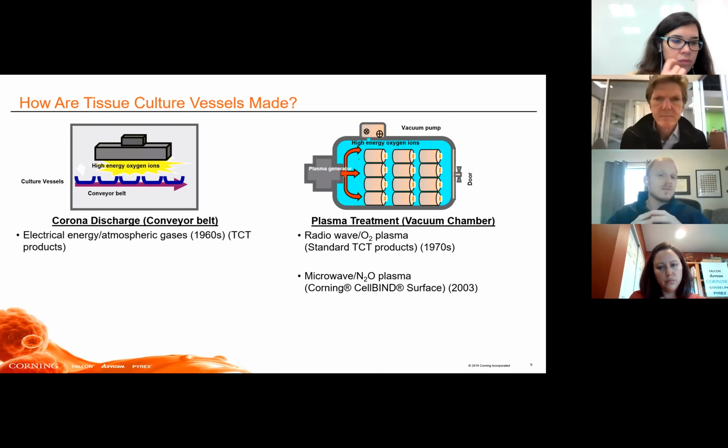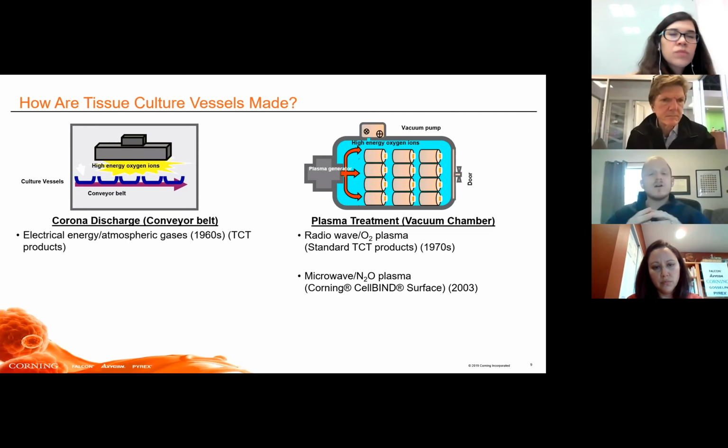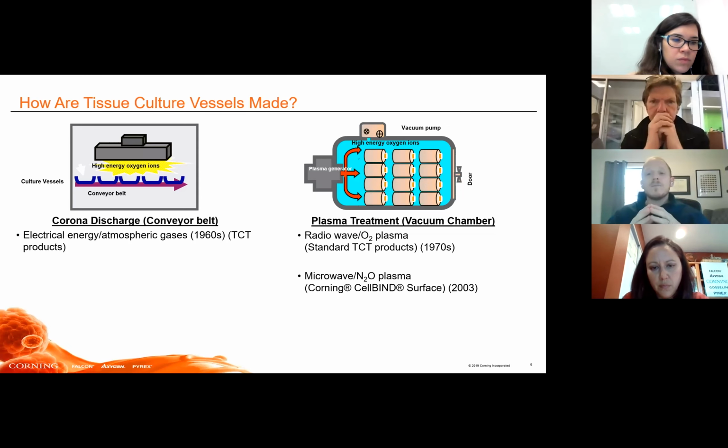This was developed in the 1960s. It wasn't very efficient, and so that process was modified in the 70s utilizing radio waves and O2 plasma and placing those vessels into a vacuum chamber. And that gave much more consistent tissue culture treatment on the plastic surface, and that's what is currently used today.